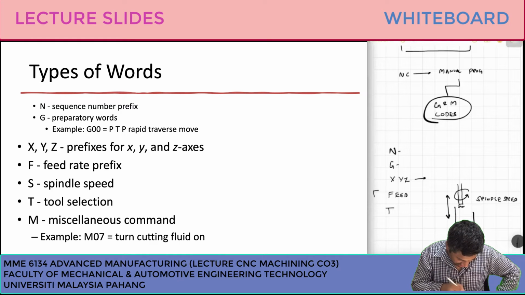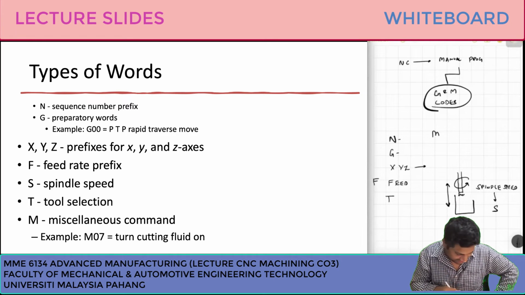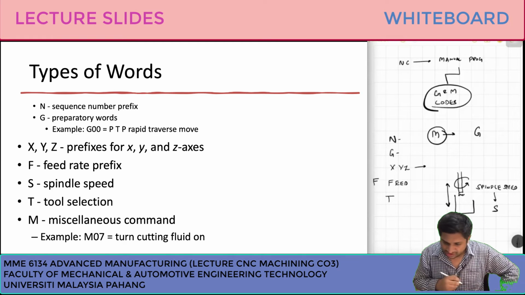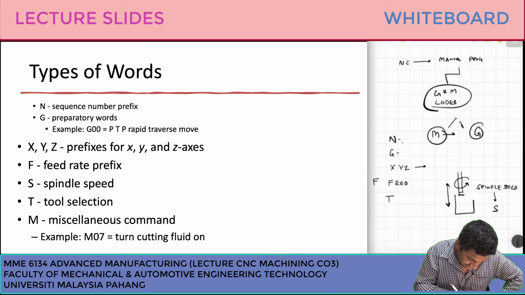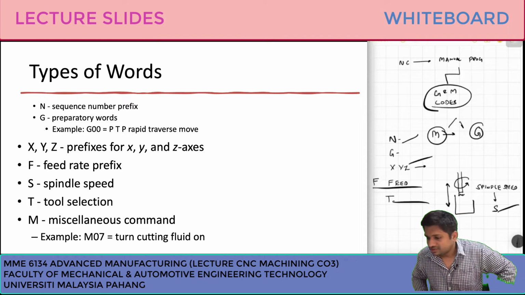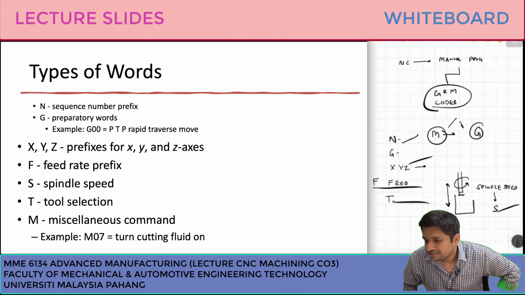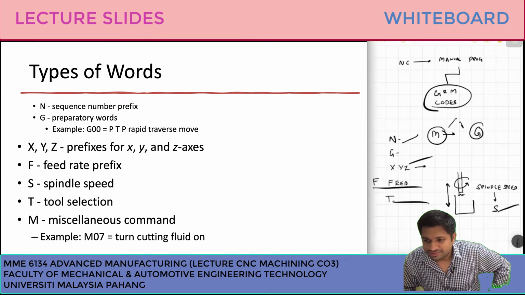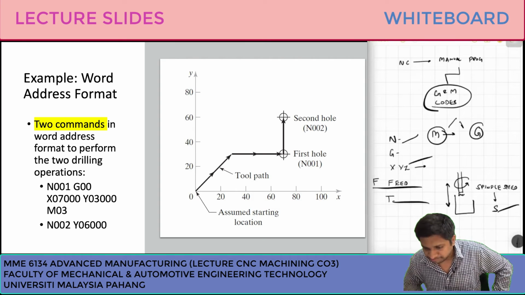So this is denoted by T, feed is denoted by F, spindle speed is denoted by S. And then we have a miscellaneous command denoted by M. So we have G code, M code, N, XYZ, F, T, S. We have a variety of commands that we need to enter in order to create a program, and with the help of that program we can create or machine a part.